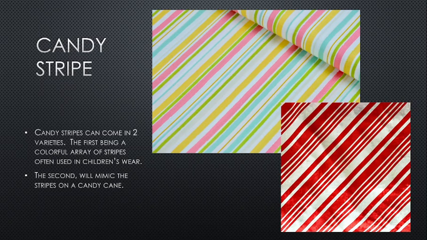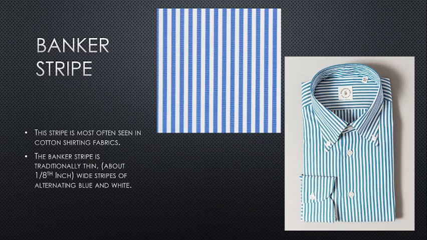A candy stripe. Candy stripes can come in two different varieties. The first being a colorful array of stripes often used in children's wear. The second will mimic the stripes on a candy cane. We can see the two different versions here on the right. The banker stripe.